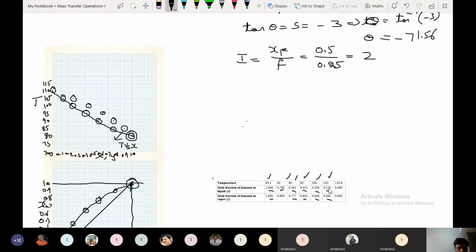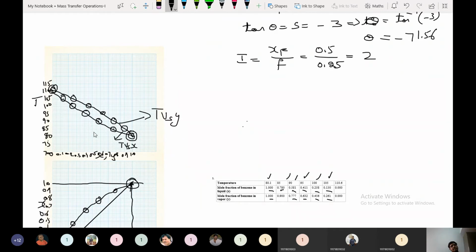Then 110 and 0, the same point. We can take the same point once again. Now we have to connect these points. So this is called the T versus Y graph.